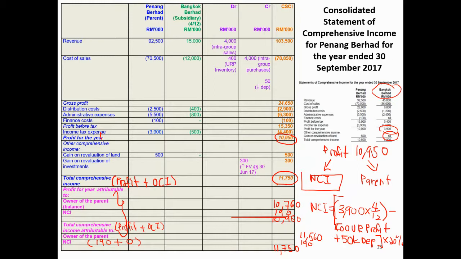And then you get the figure here. You add to 190, and then that will be your total comprehensive income for NCI. You ask this question because usually most of the time, the sub-C will have OCI, not zero. So this question is simple. They just 190 plus zero equals to 190.